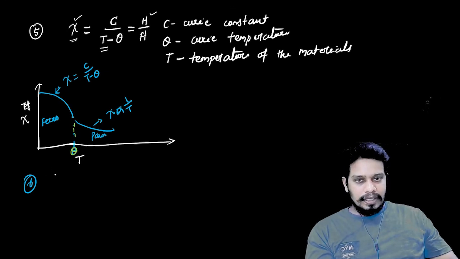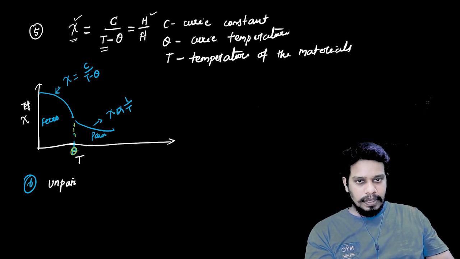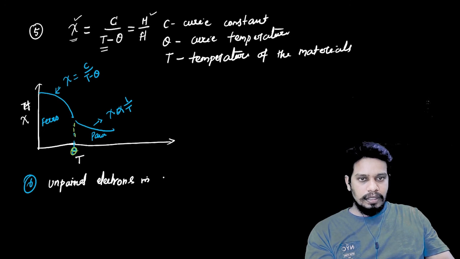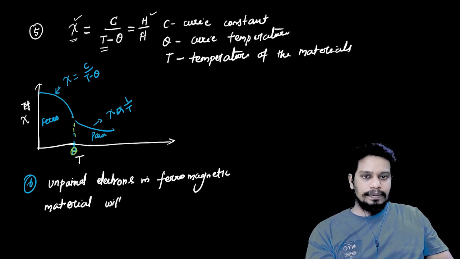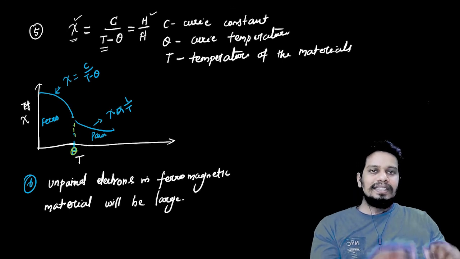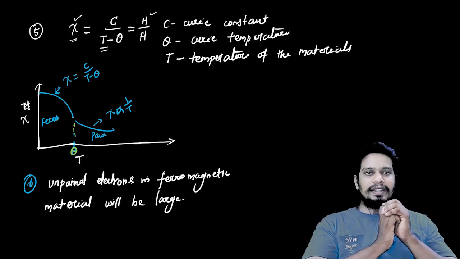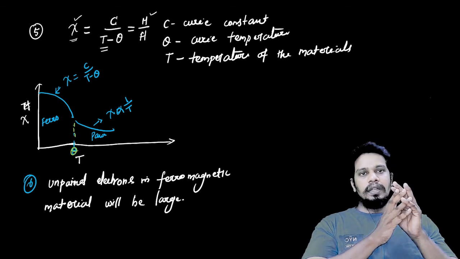So the unpaired electrons in ferromagnetic material will be large. These are some important characteristics of the ferromagnetic material. Thank you all.